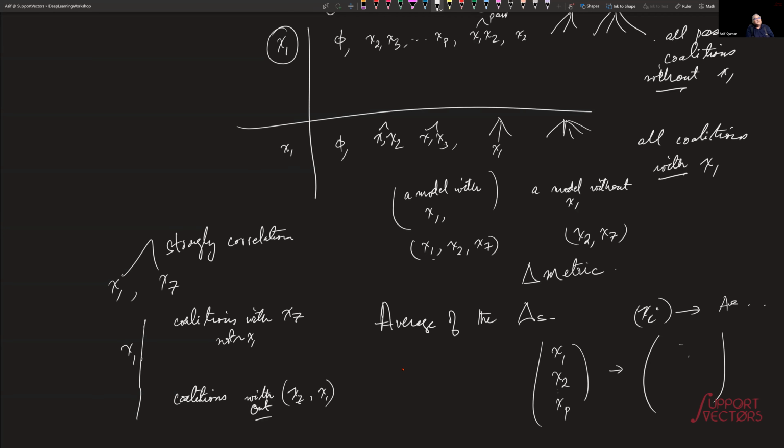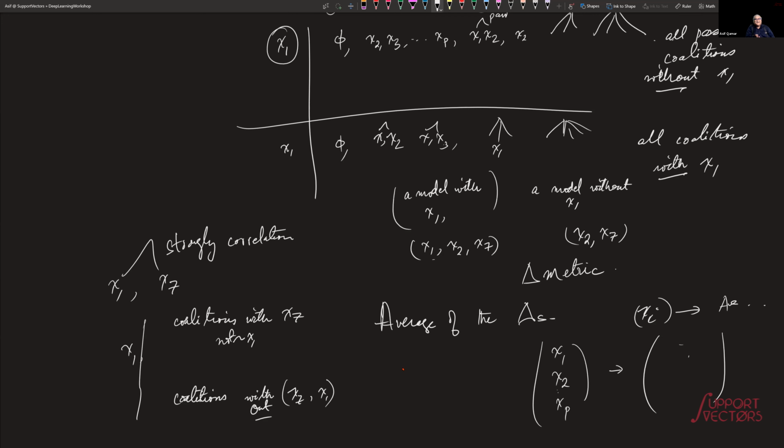Now let us say that these two factors are highly correlated, but they are important factors. They matter, right? Then what will happen? The coalitions that are formed without X1 and X7, both of them missing, will show degradation in performance.